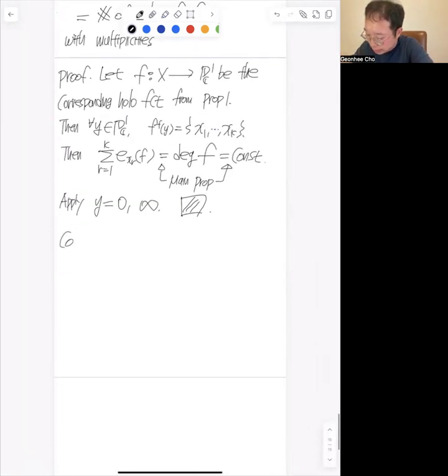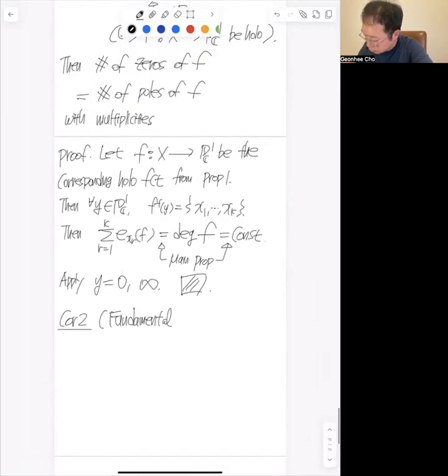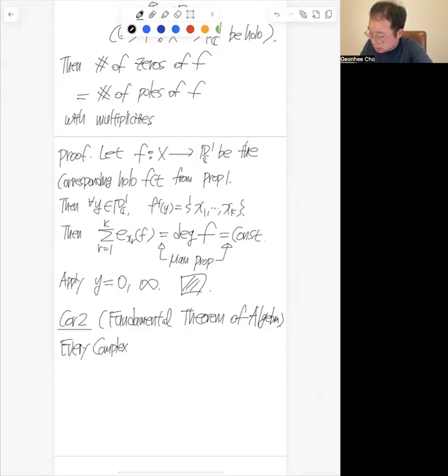And the next corollary is the fundamental theorem of algebra as well. Even though we already proved this result, every complex coefficient polynomial has a root.